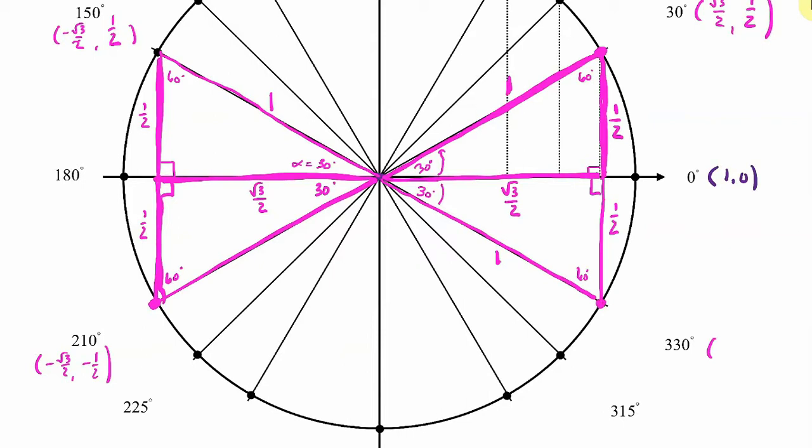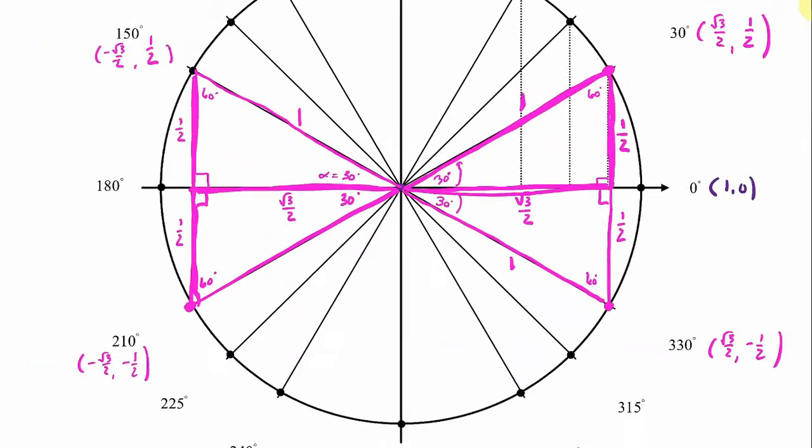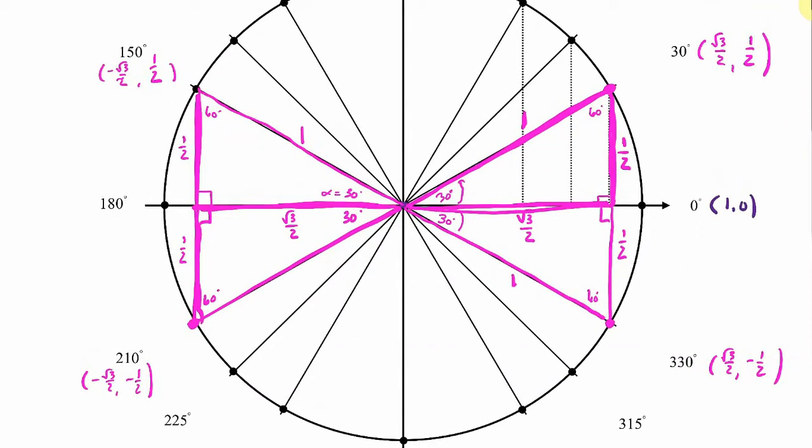We went right, radical 3 over 2, and down half. So again, look at these four coordinates, 30, 150, 210, and 330. They have very, very similar coordinates. They all have reference angles of 30 degrees. And again, their x and y values are more or less the same, positive and negative versions based on which quadrant you're in. Okay. All right, so let me clean this up.